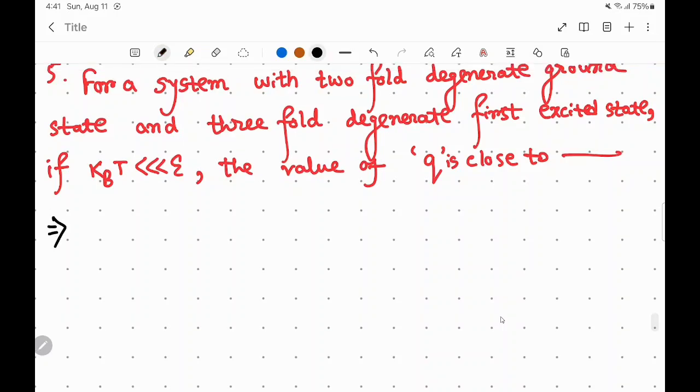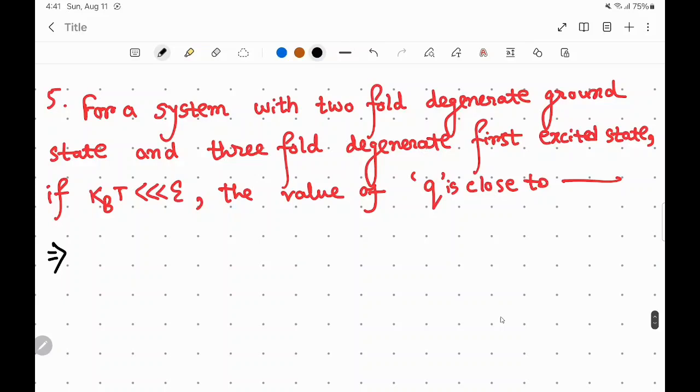You can try this question. What will be the answer?